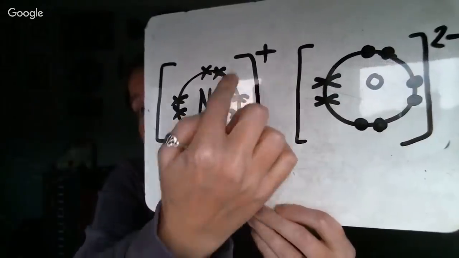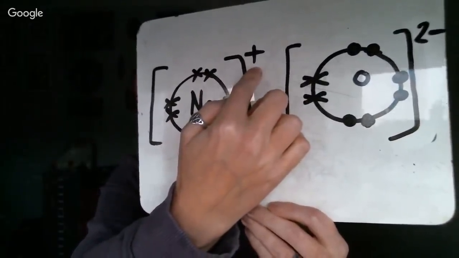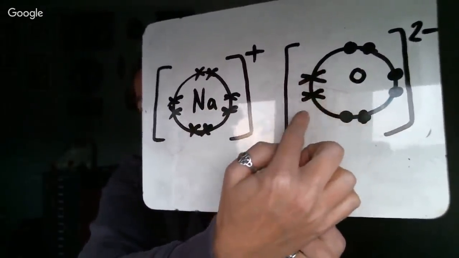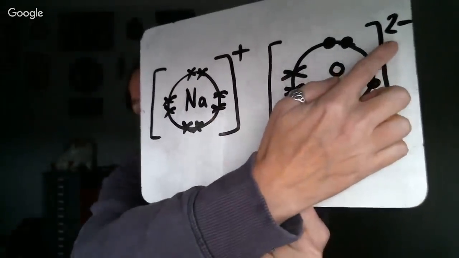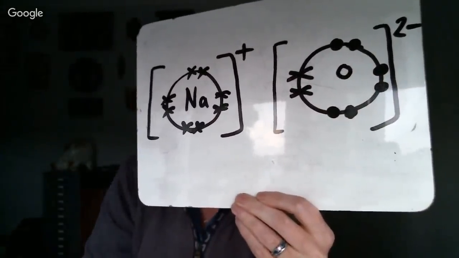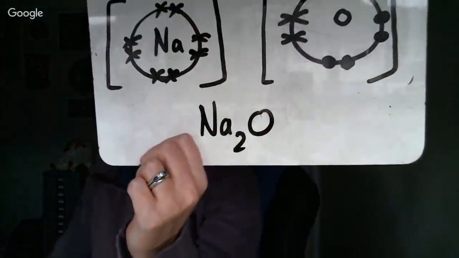Because sodium loses 1 electron, it gets a single positive charge, and because oxygen gains 2 electrons, it gets a 2 negative charge. So when we come to write the formula, because we're joining 2 sodiums to 1 oxygen, it will be Na2O.